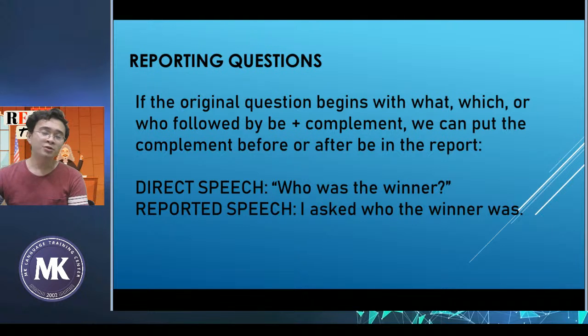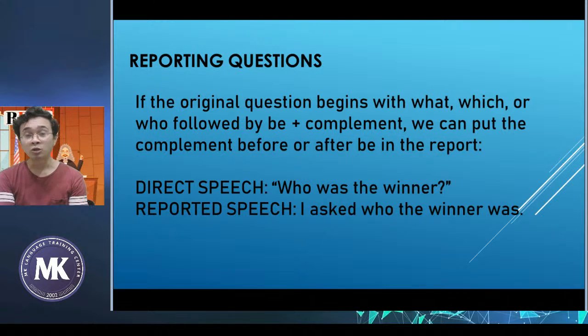And if you want to change this into reported speech, we can say, I asked who the winner was. So if you notice, after your first clause, I asked, it is followed by who, then followed by your complement, and then by your be form. Or you can also say, I asked who was the winner. It's also possible, guys.